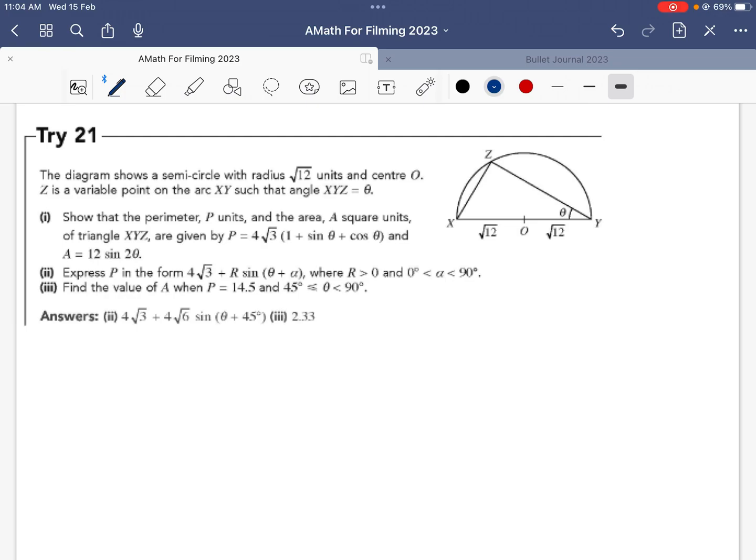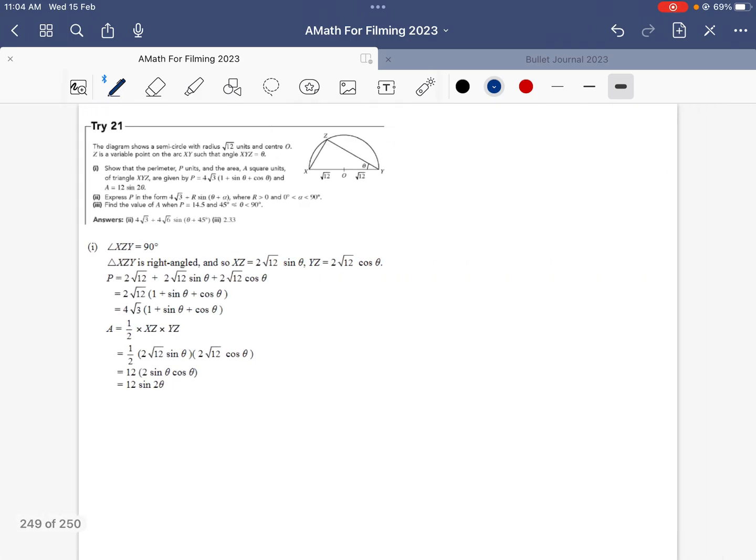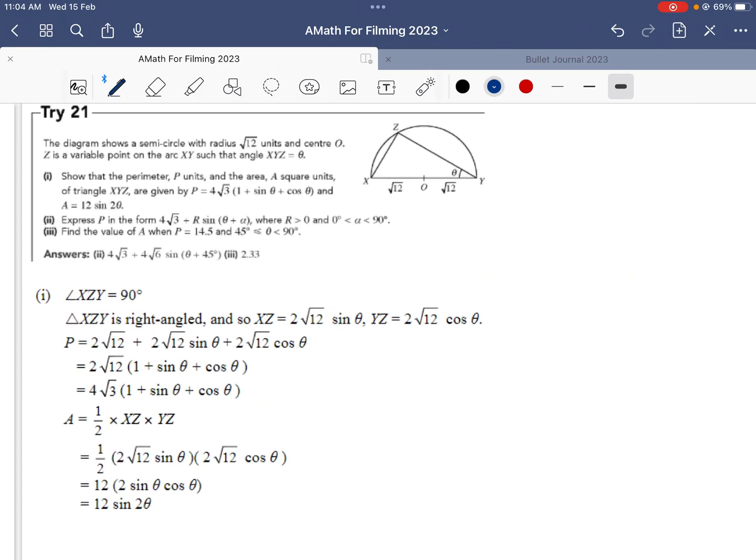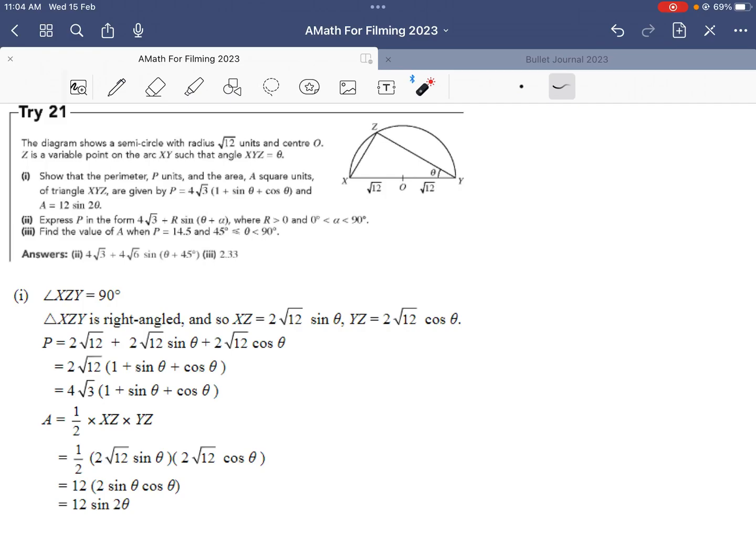So for part 1 is show that the parameter p units and the area a square units are given by p and a is 12 sine 2 theta. Okay, first and foremost for this try 21, what I know there is this angle here is 90 degrees. Why? Angles in semicircle.